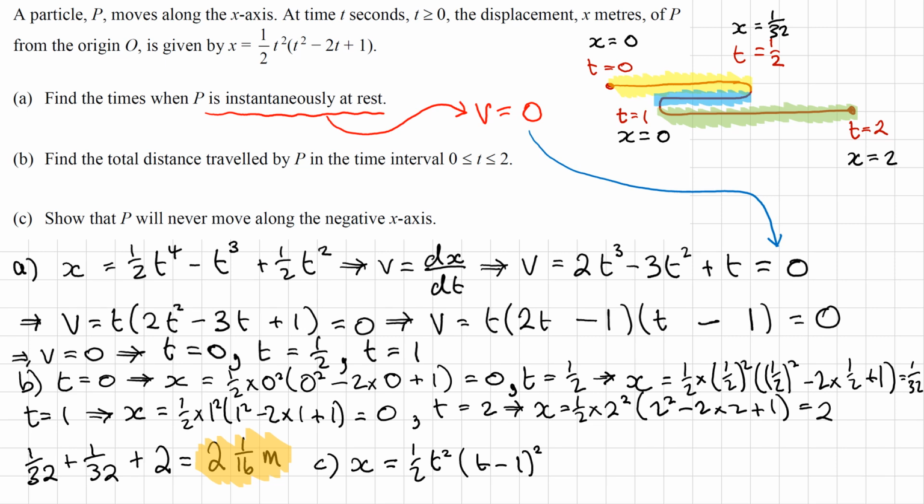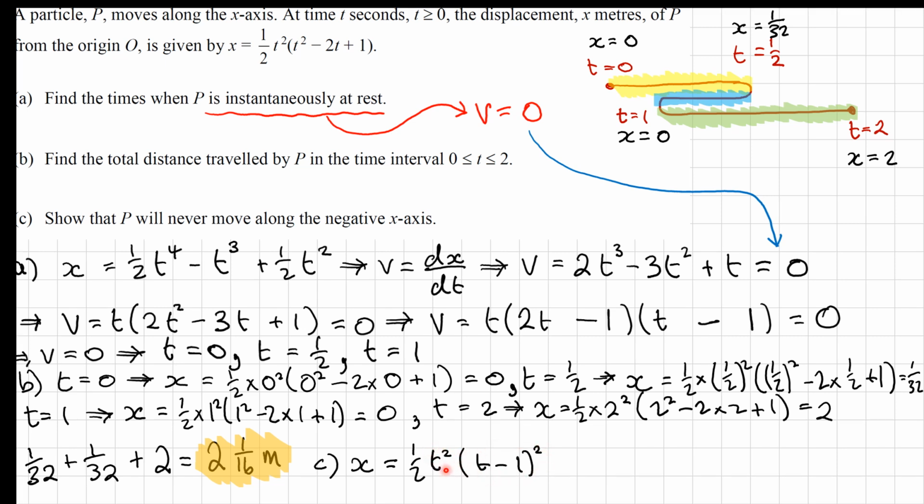Now this statement here that I've written can never be negative, because I've got a square here. Whenever you square anything it's positive, and t is squared here. So basically this means that x can never be negative, so it's always greater than or equal to 0.